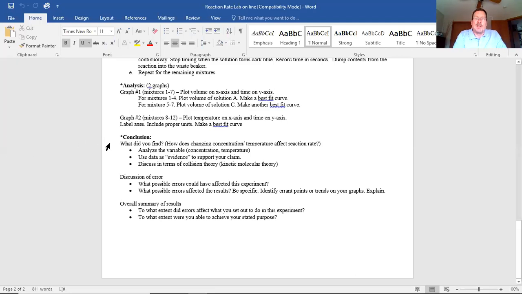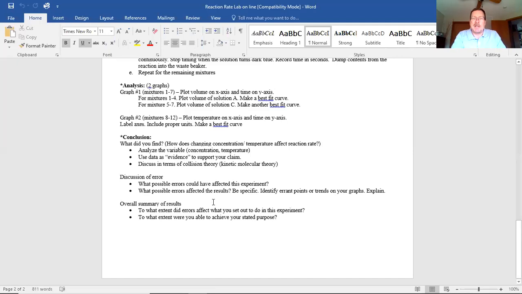So what did you find? How does changing concentration affect things? Analyze the variable, use the data as evidence to support your statement, and discuss everything in terms of collision theory. More concentration, less concentration, more temperature, less temperature, with collision theory and the chance of reaching activation energy and going forward.